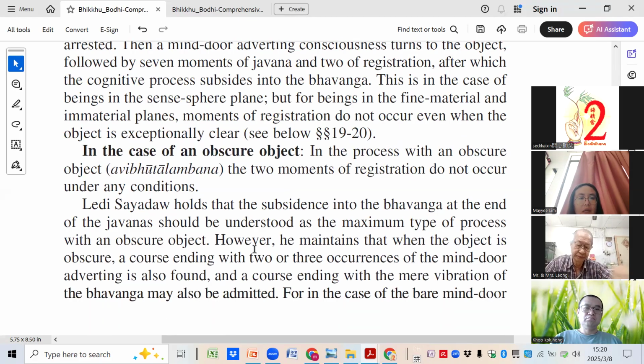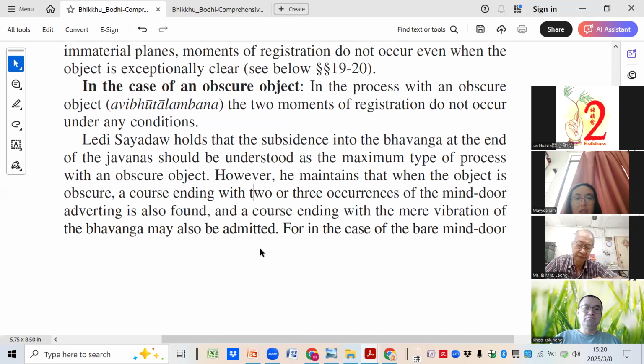In the case of an obscure object, in the process of an obscure object, avibhutalambana, the 2 moments of registration do not occur under any conditions. Ledi Sayadaw holds that the subsidence into bhavanga at the end of javana should be understood as the maximum type of process with an obscure object.